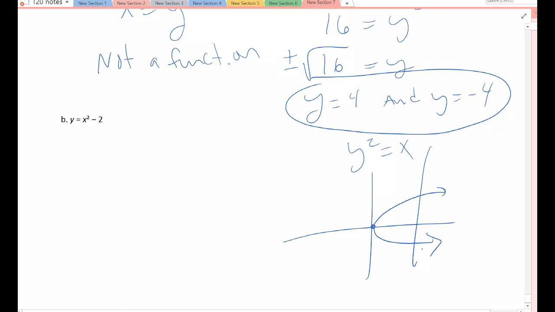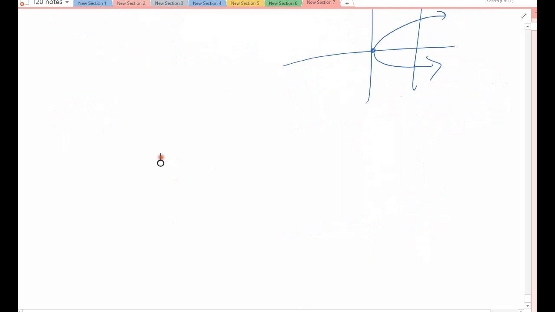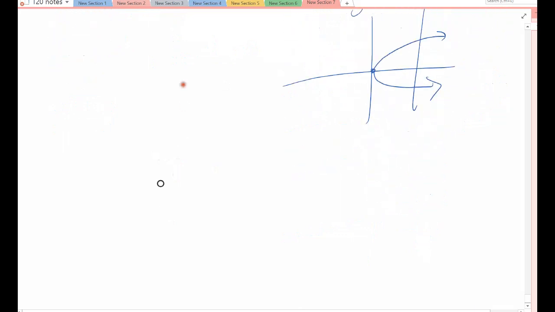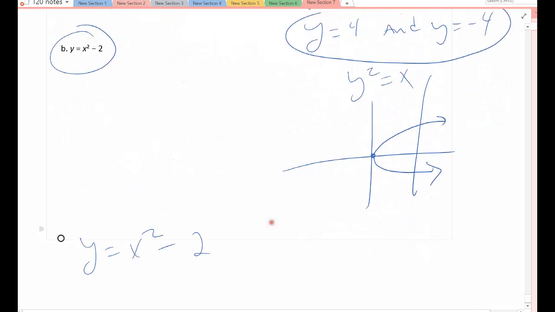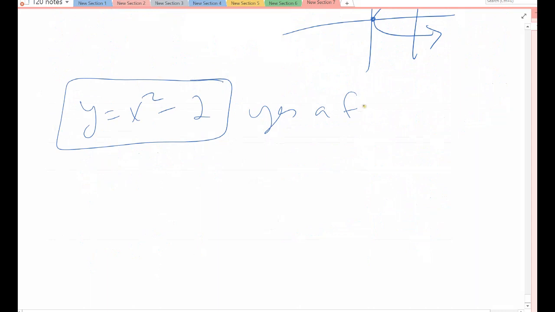The second example. I'm going to write it down here since I've kind of run out of space there. So y equals x squared minus 2. Make sure I wrote it down right. This one is a function. If you graphed it, it's a parabola opening up and satisfies the vertical line test.